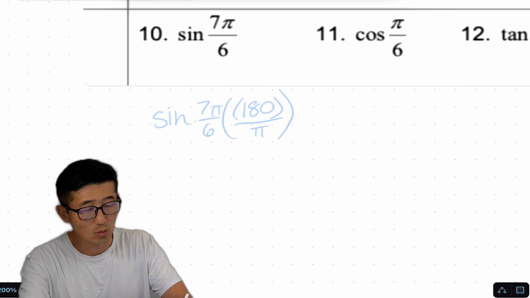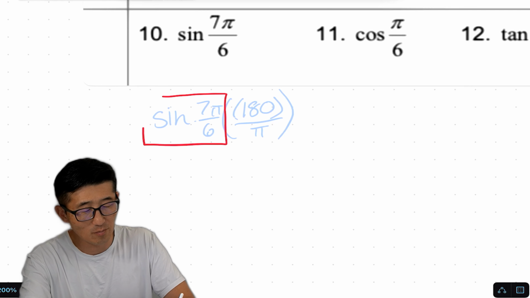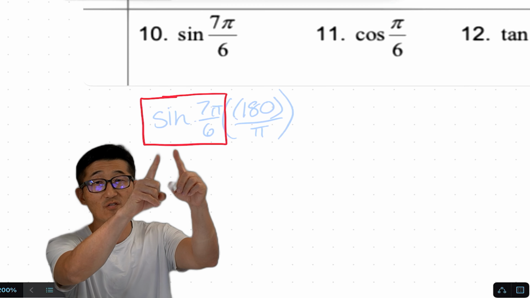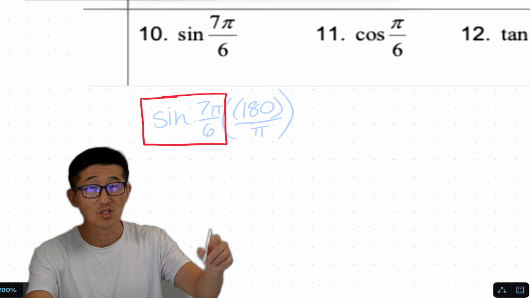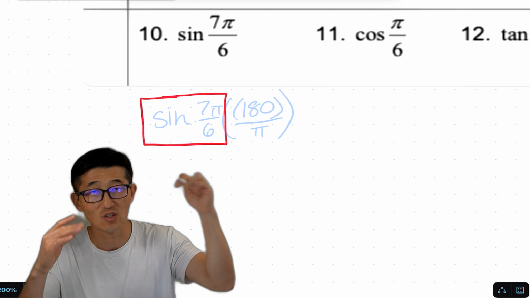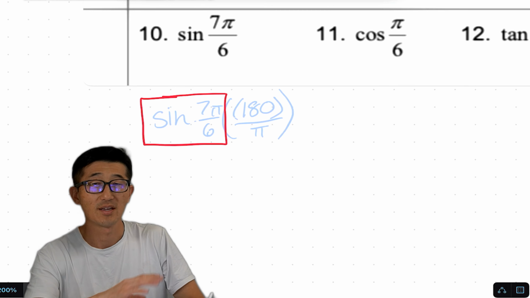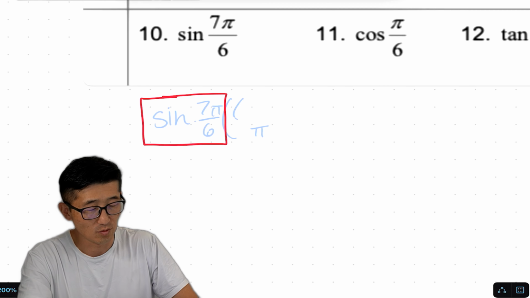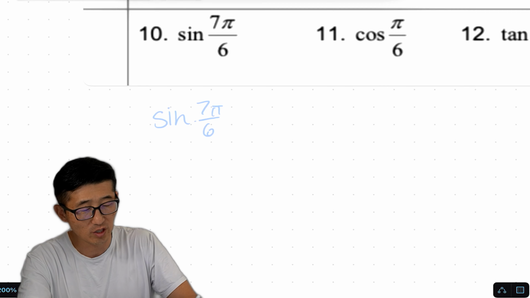Okay. So when you have a sine of 7 pi over 6, it's literally a unit. You cannot separate the sine from the 7 pi over 6. So by attaching 180 over pi, thinking you can multiply like that, it's forbidden. You have to treat this as if it was one what? One unit.